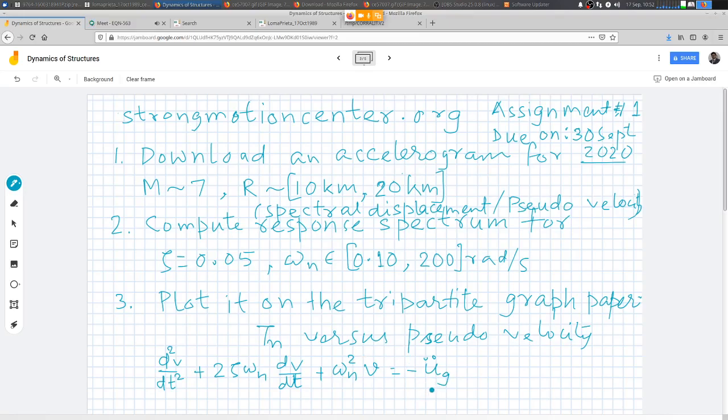Right, so this u_g double dot comes from this accelerogram. Omega n comes from this range. Zeta 0.05. Assume zero initial conditions, system at rest.